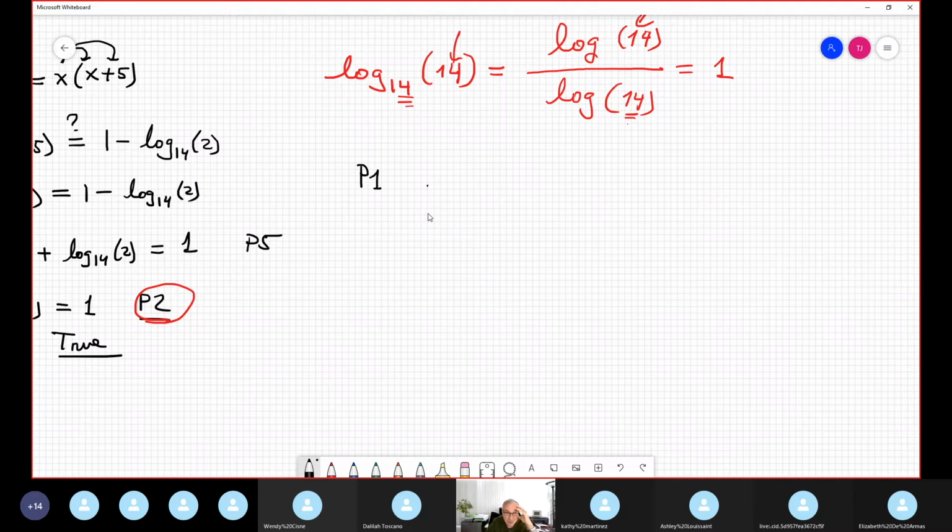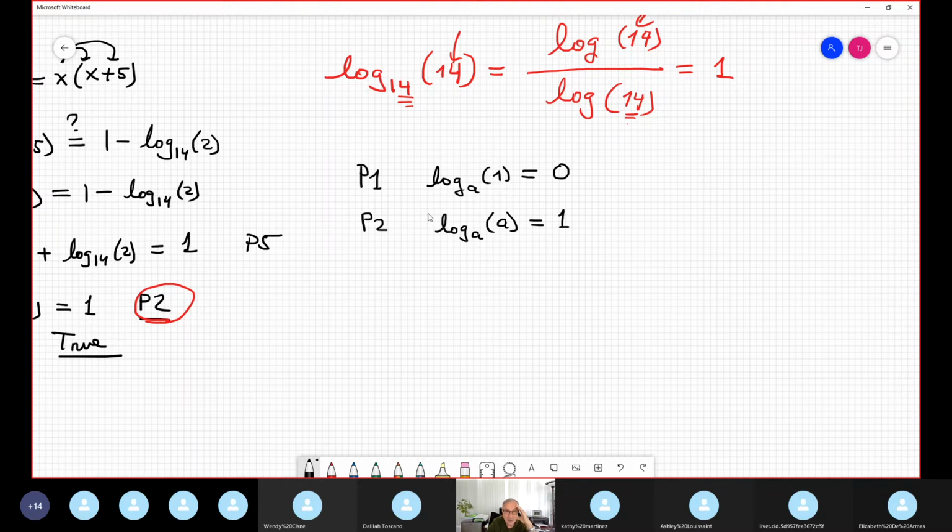Property 1 says the logarithm of any arbitrary base of 1 is 0. In conclusion, when you see 1 inside the argument of the logarithm, automatically it is 0. Property number 2: logarithm of any base, when they perfectly coincide, this number and this number, is 1.